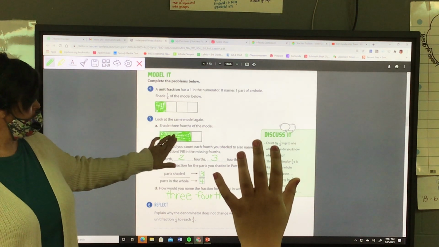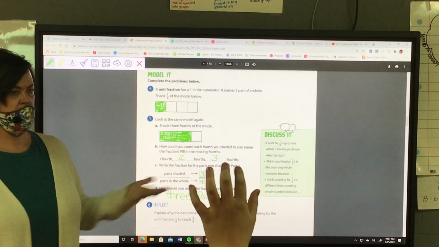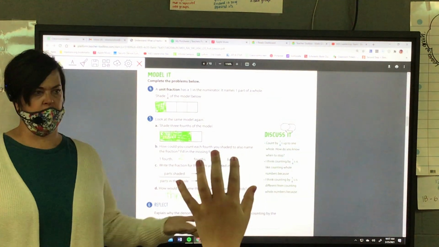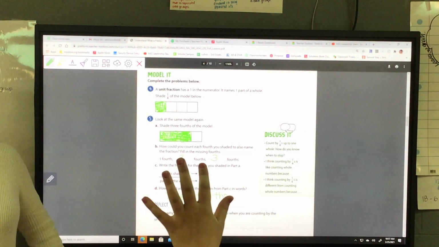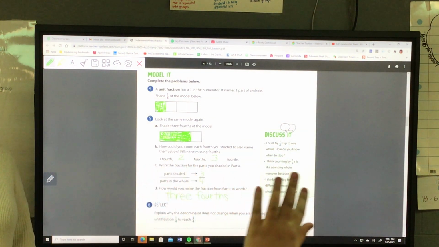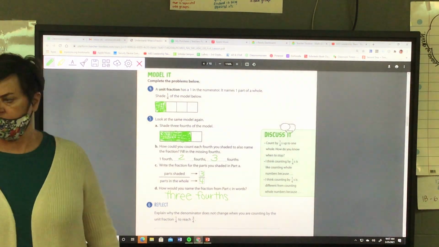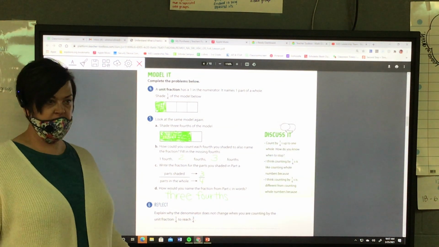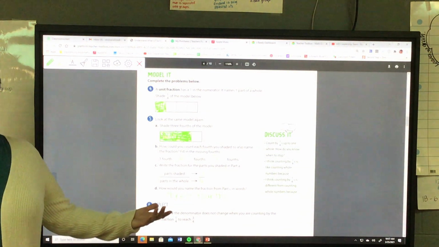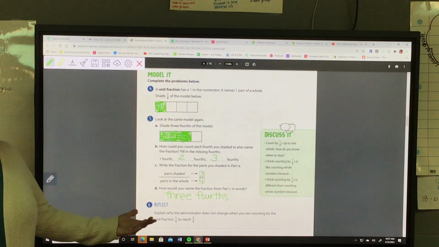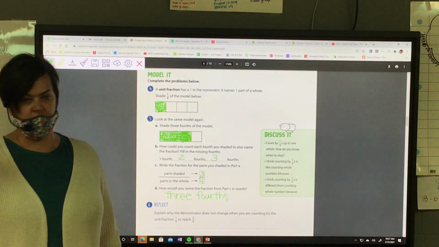1/4, 2/4, 3/4. Why is the denominator fourths for all of those? Connor? Because the shape has a fourth, like 4 equal parts. Right. So if you shade 3, it's still going to be 4. If you shade 1, it's still going to be 4 because it's still the same shape. Is he right? Is he thinking correctly?